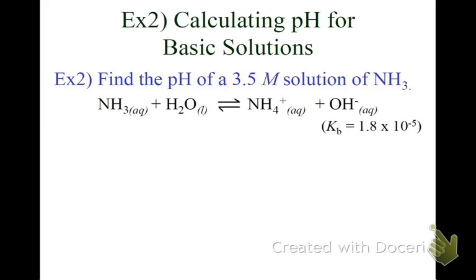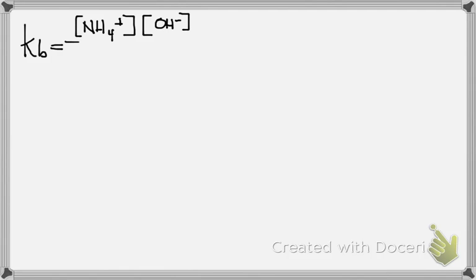So let's take those values then to a new screen. So Kb for this particular reaction right here is going to be equal to the concentration of NH4 plus times the concentration of OH minus, those are our products, divided by the concentration of NH3 in our solution.